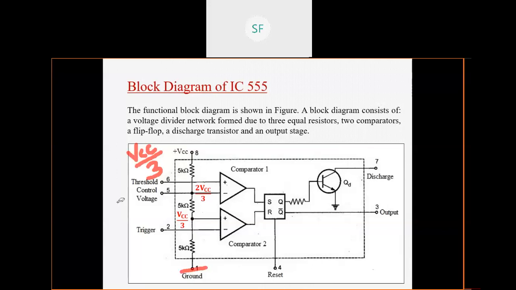If I measure the voltage between two points, this voltage is nothing but the voltage across the 5 kilo ohm resistor. We just represented that the voltage drop across each resistor will be VCC by 3. Hence I have written at this particular point that the voltage with respect to ground will be VCC by 3.